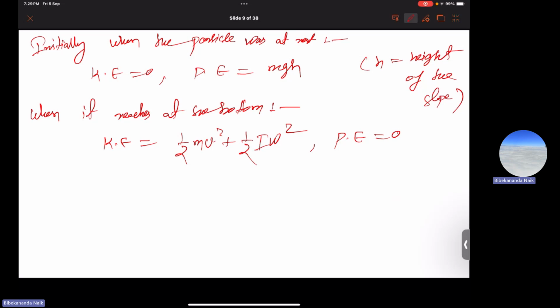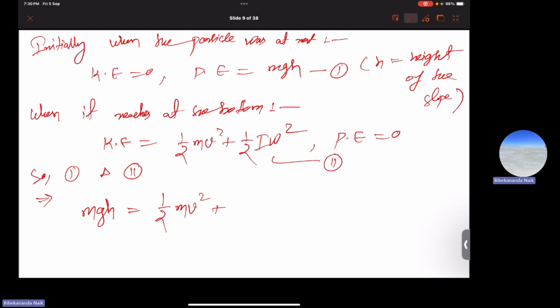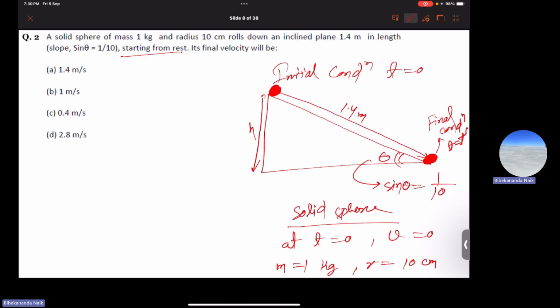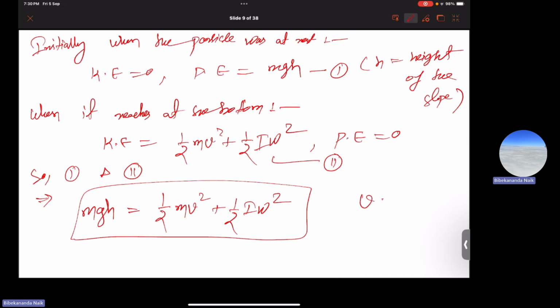Now if we equate these two scenarios, 1 and 2, then mgh equals half mv square plus half I omega square. From this we need to find the value of the final velocity, that is the value of v.